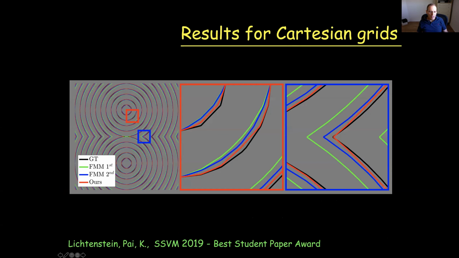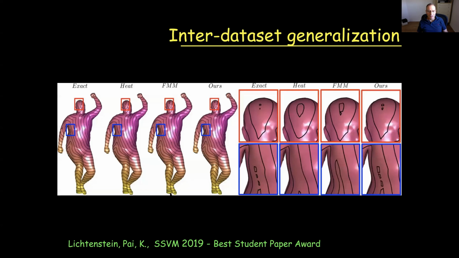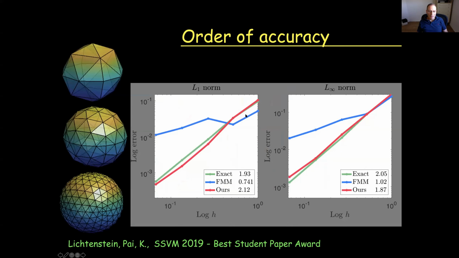I mean, you can use a network in order to get, let me just show you the graphs. The graph here shows the h as it goes down. And this is a slope in a logarithmic scale that shows how the exact algorithm is improving as you refine your grid. And this is the first order algorithm, the FMM.